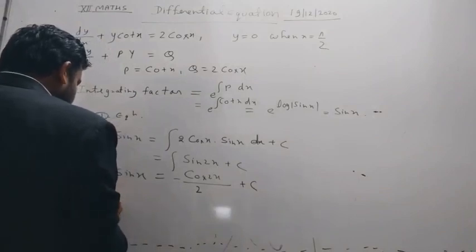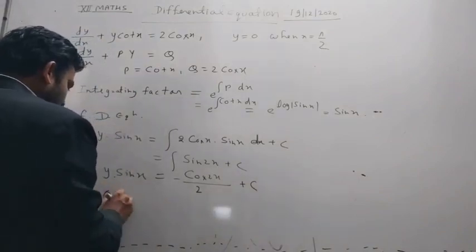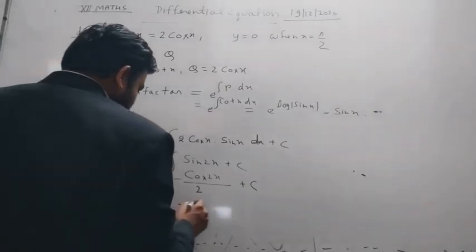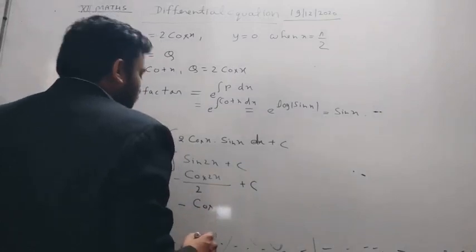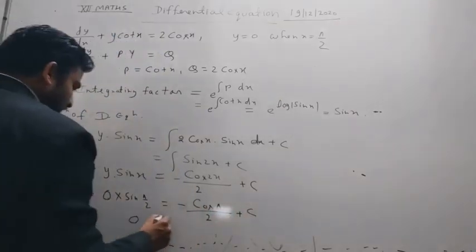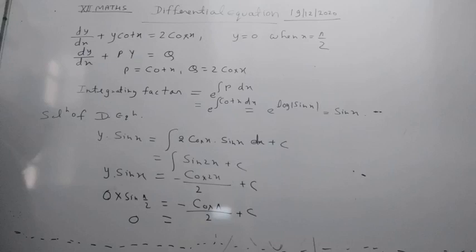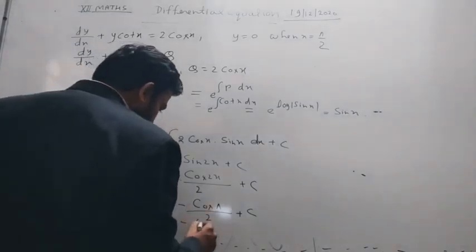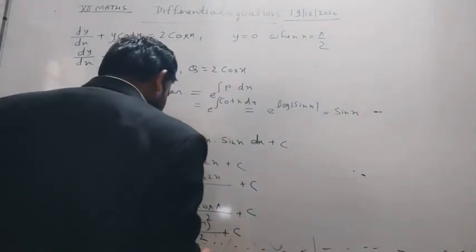So y is 0, and sin pi by 2, and cos 2x at x is pi by 2 gives cos pi, which is minus 1, so it will be minus 1 by 2 plus c.